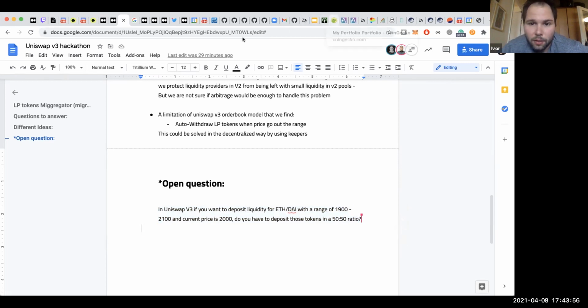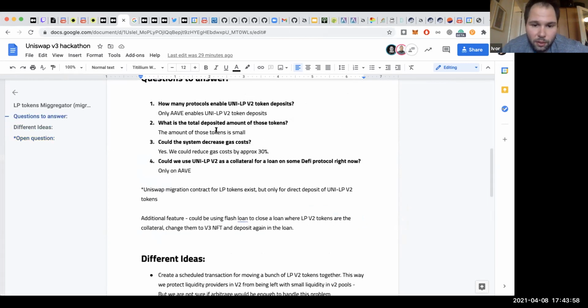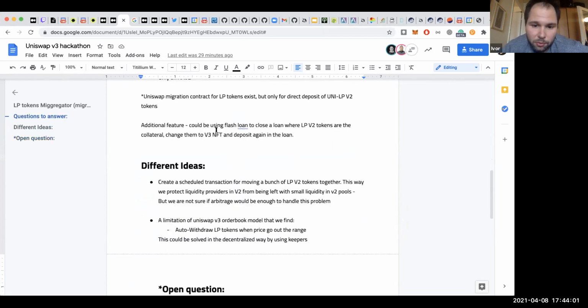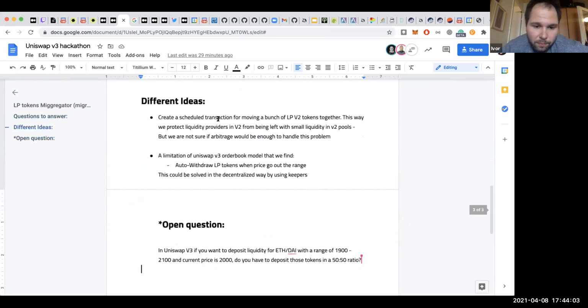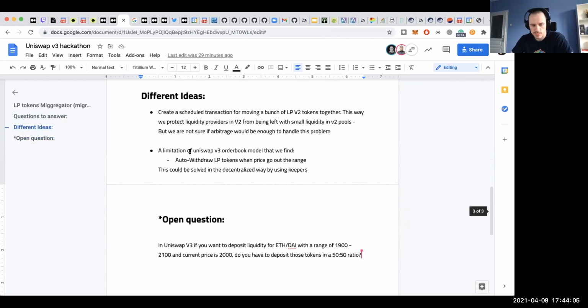I don't know if the other guys have something to add. Basically, we validated the idea that there is no substantial liquidity for the protocols that utilize the liquidity pool tokens from Uniswap. We didn't find it on Aave, but looking at Cream, there are some.